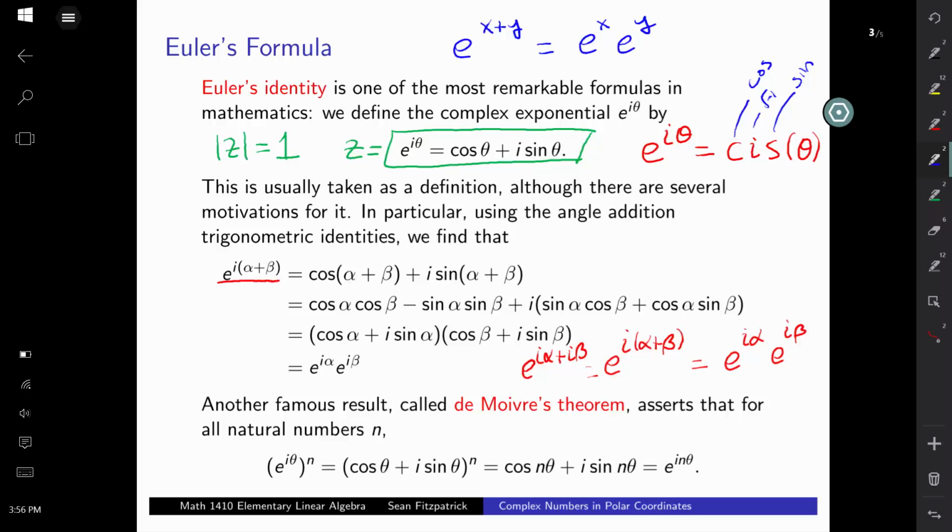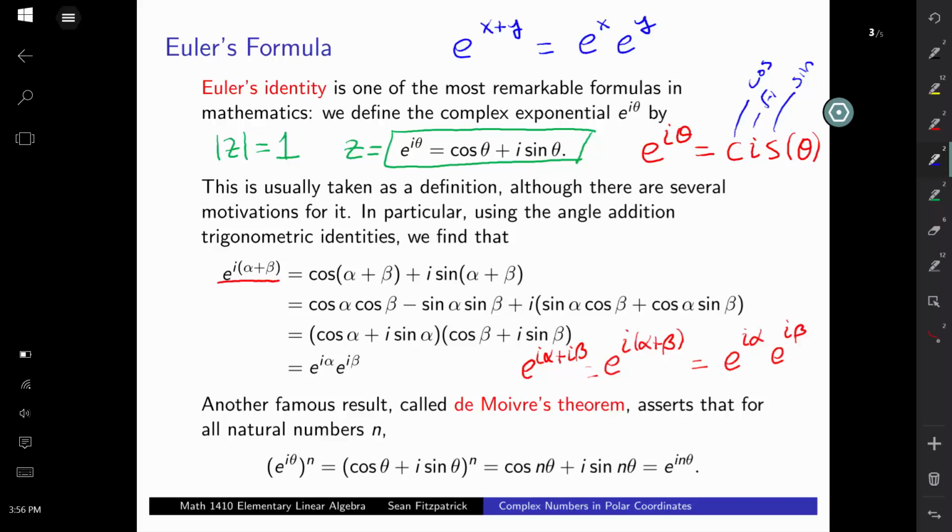And so these several lines of working with these trig identities and algebra tell you that this law of exponents works if instead of dealing with real numbers, you're dealing with purely imaginary numbers. So if you put i in front of both the x and the y, this is an identity which still holds.